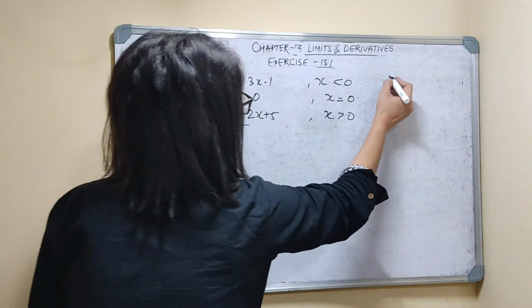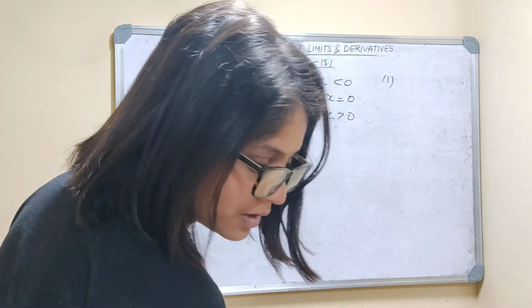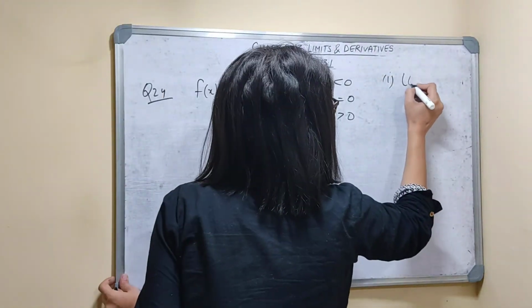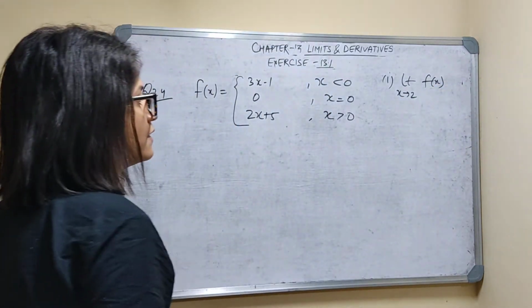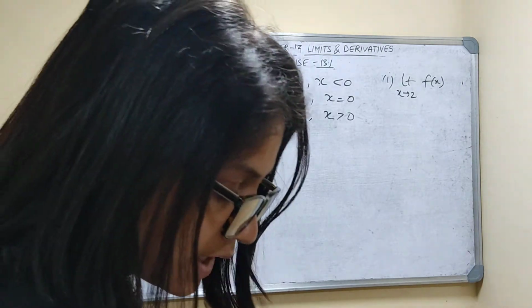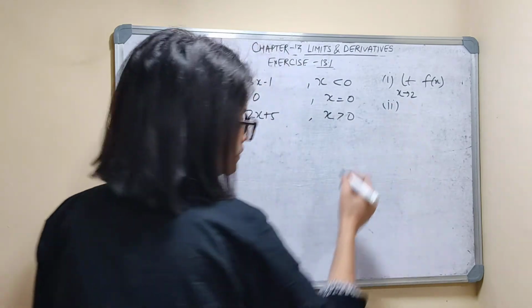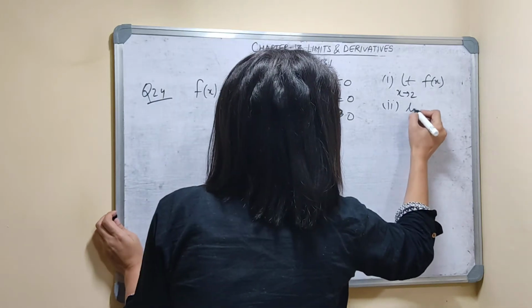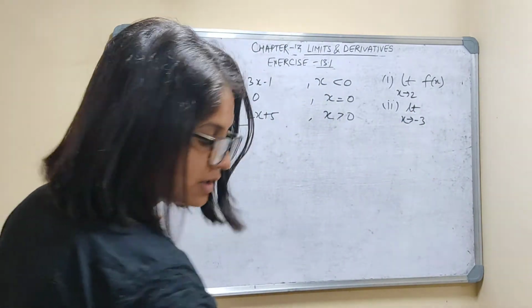Evaluate, first, the limit as x tends to 2 of f(x). Second, the limit as x tends to minus 3 of f(x).